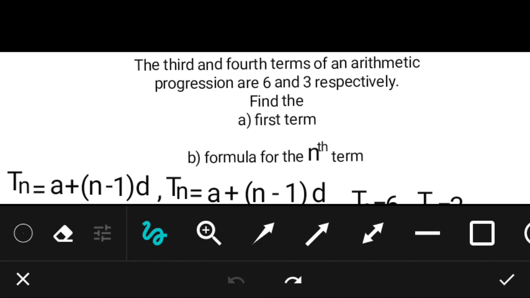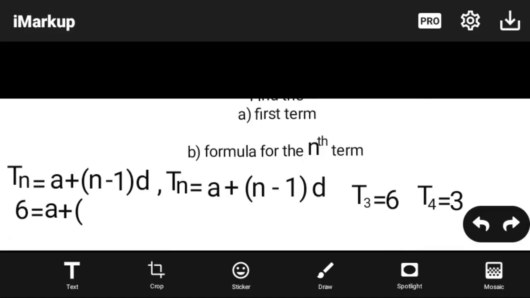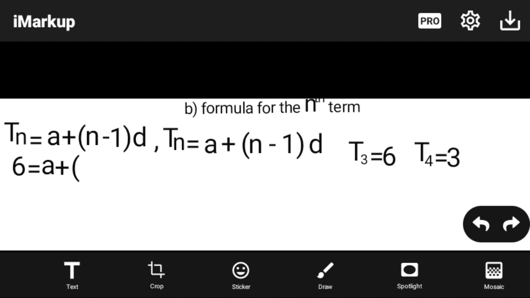They said the third term, so that number which they've mentioned, the third means 3, then fourth means 4. So the third term, that's the number that we are supposed to put in the brackets. Here where you have n in the brackets, that's where we are going to put 3.